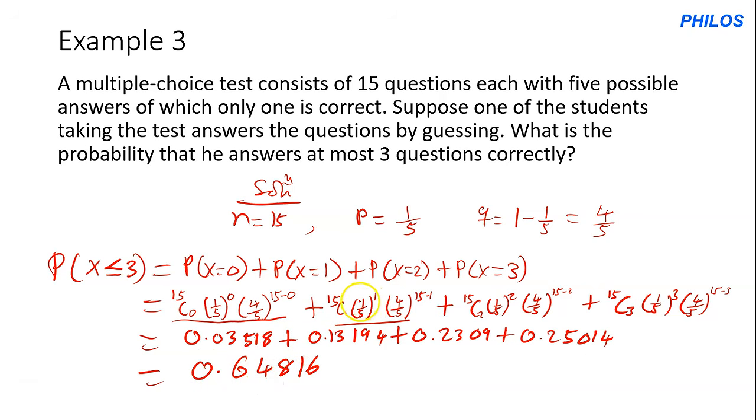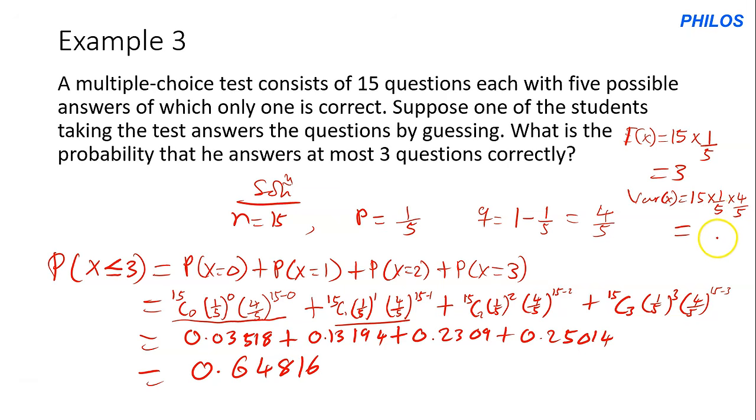In case the question asks you to find the mean, variance and standard deviation: the mean, that's the expected value of x, is the number of trials, which is 15, times the probability of success, which is 1 over 5. That gives you 3. So the mean is 3. The variance is the number of trials times the probability of success times the probability of failure, 4 over 5.